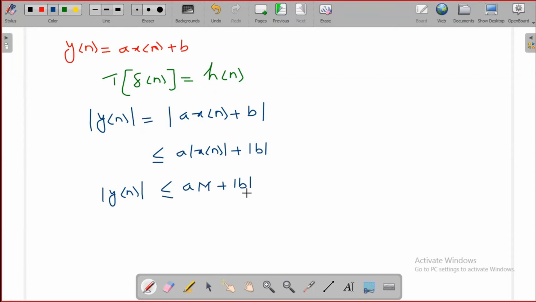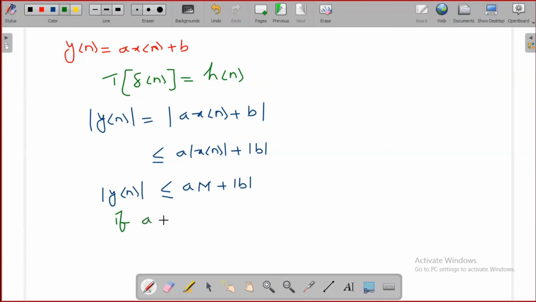Now the magnitude of the response is finite when this whole term is finite. That means if A and B are finite values, then the magnitude of the response is finite. Therefore, the system is stable. Here again the stability depends on two values.